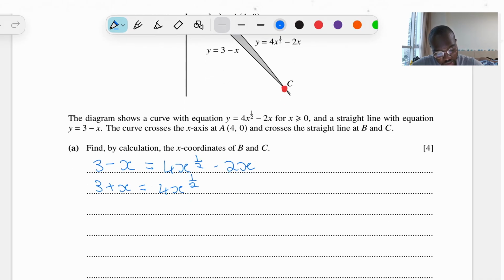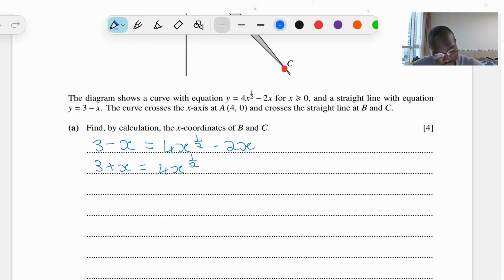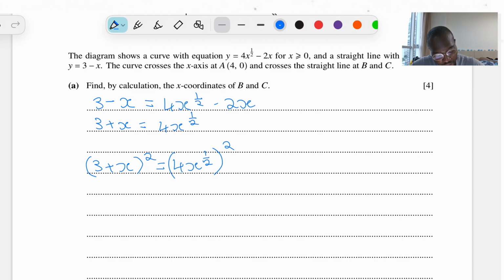And then we can just square both sides, so we get (3 + x) squared, and that would equal (4x to the half) all squared. And then if we expand the brackets out, we would get x squared plus 6x plus 9, and that would equal 16x. And therefore we get x squared minus 10x plus 9 is equal to 0.